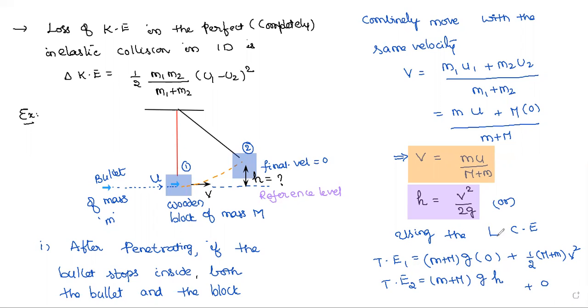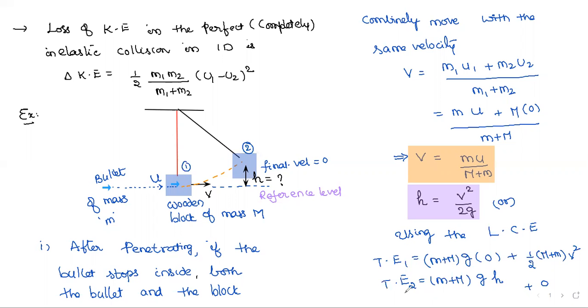That's it. According to the law of conservation of energy, total energy at the 2 points is equal. By equating these two, this part is 0. So half, I'm going to write on the next page, m plus m into v square at the first position is equal to, look at that, at the second position it is just m plus m into gh.